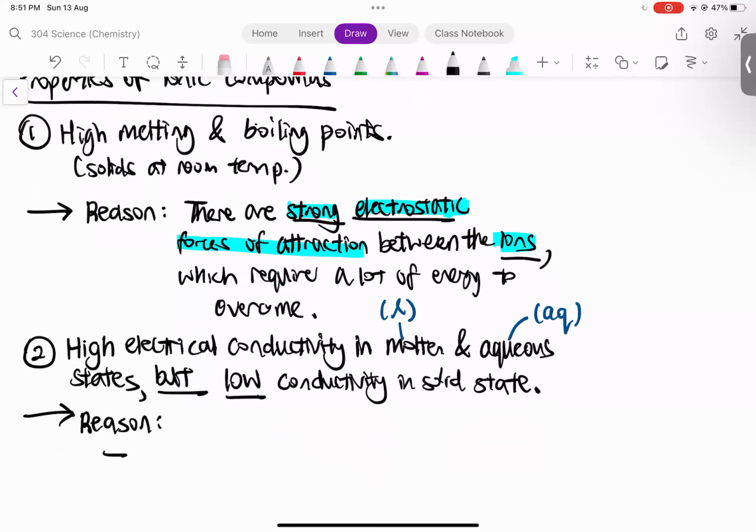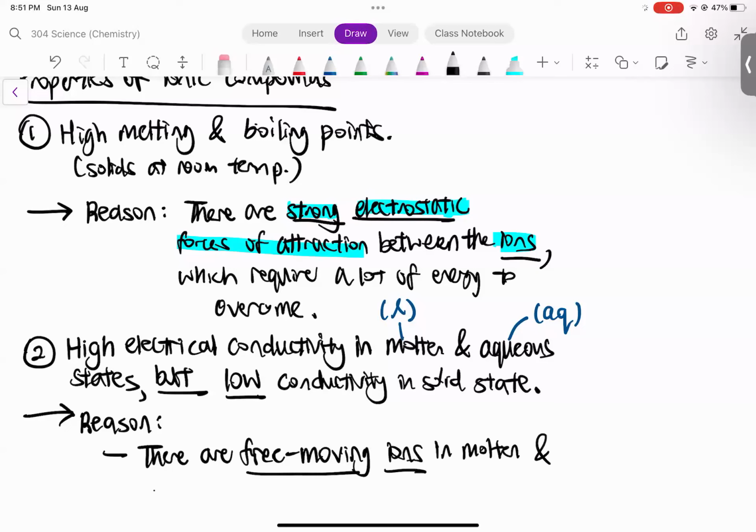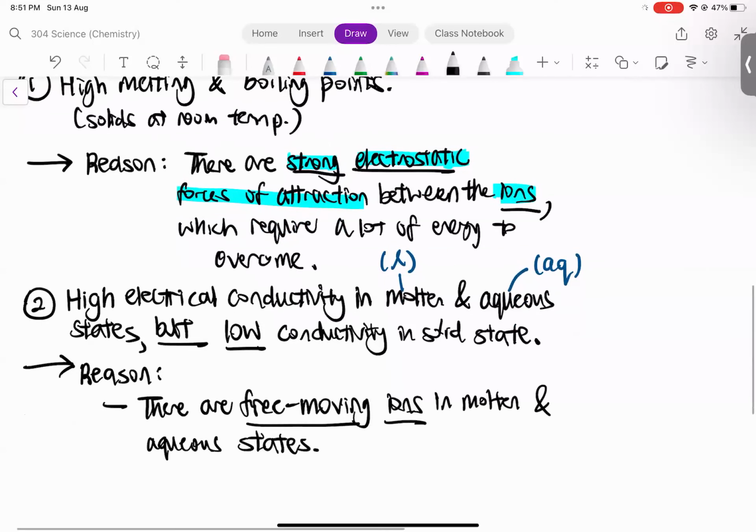So the reason is because there are free moving ions in the molten and aqueous states which can conduct electricity.